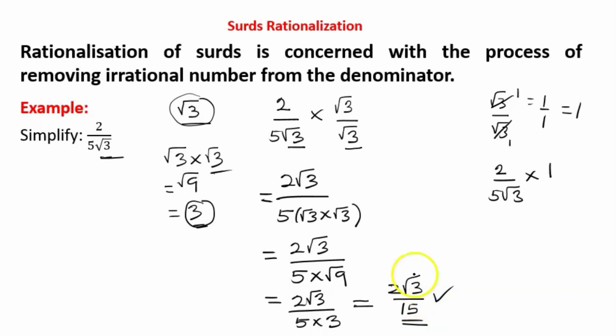Your target is not the numerator, even though you can still see the root there. The irrational number has now jumped to the numerator, right? But the target is the denominator. Don't forget that it is the denominator that we are going to ensure. If you have actually rationalized, the first place your examiner will go and check is the denominator.